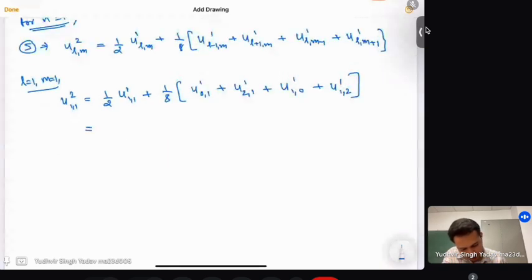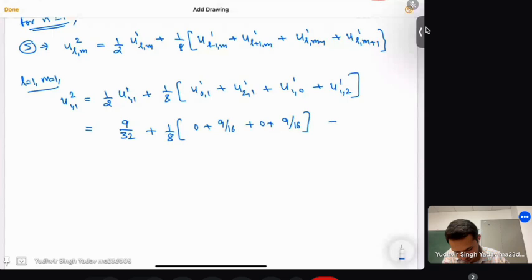So we will substitute these known values. Once you substitute, then you will get 9 by 32 plus 1 by 8 times 0 plus 9 by 16, 0 plus 9 by 16. So the final value will be 27 by 64.